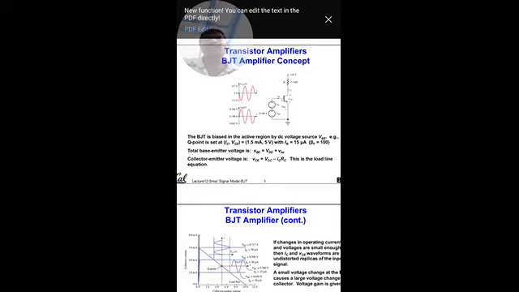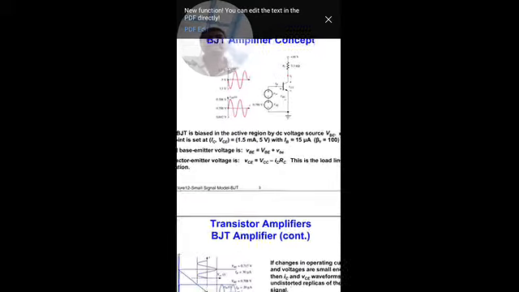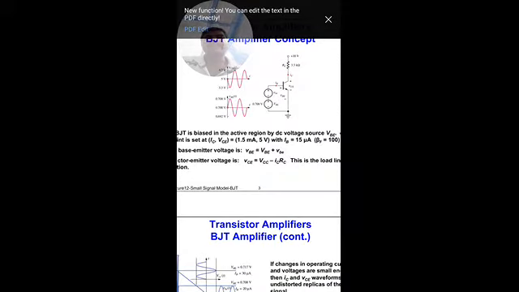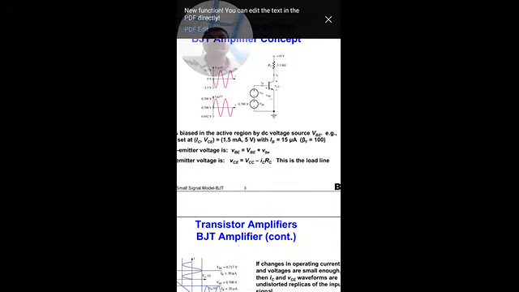The Q point, the operating point, is fixed at a certain value. IC and VC, the value of collector current and collector to emitter voltage, we call the Q point. Let us consider in this example IC is 1.5 milliamperes and VC is 5 volts with a base current of 15 microamperes.